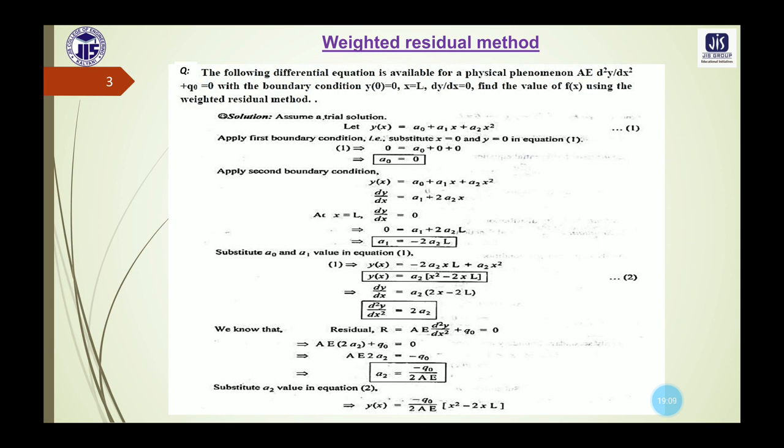The first boundary condition was y equals 0 at x equals 0, and the second boundary condition was dy/dx equals 0 at x equals L. Putting these two boundary conditions, we have calculated the values of a0 and a1. We got a0 equals 0, and putting the second boundary condition, we found the value of a1 equals minus 2a2L.